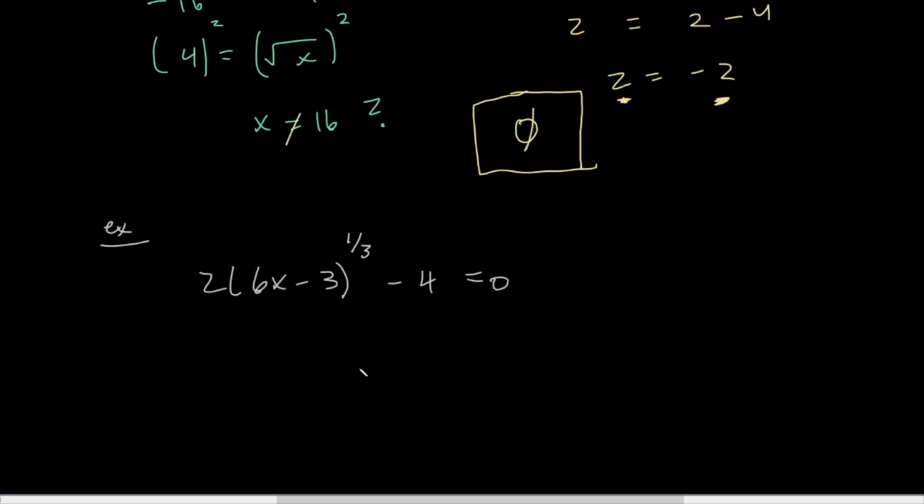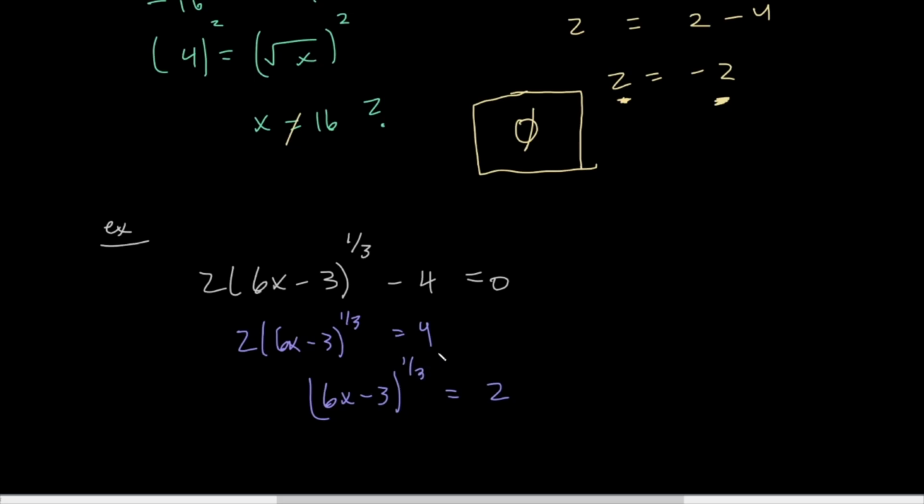No big deal. Instead of squaring, we'll cube it. So let me isolate this bit that's cube rooted. So I will add 4. So I get 4 equals 2 of these guys. Divide by 2. I will cube both sides.